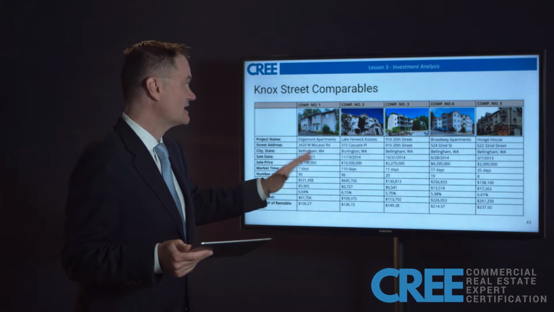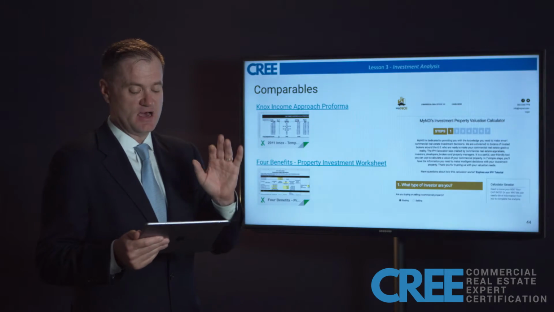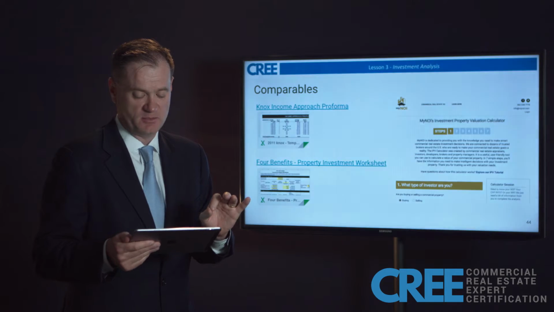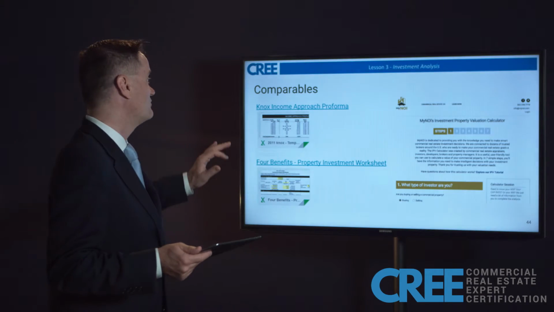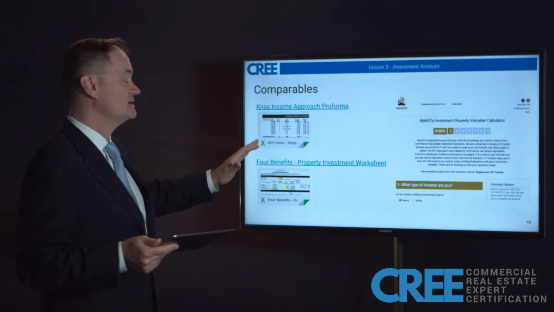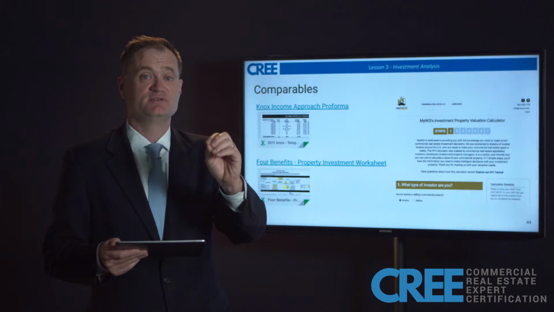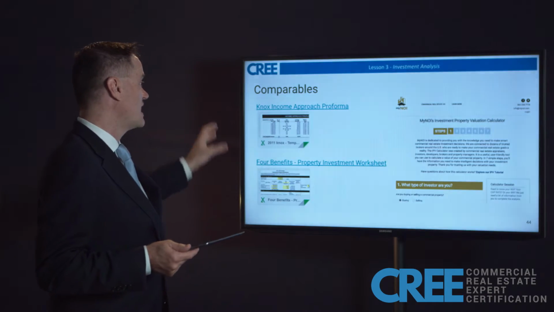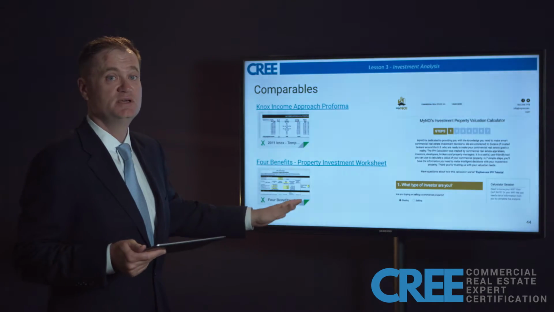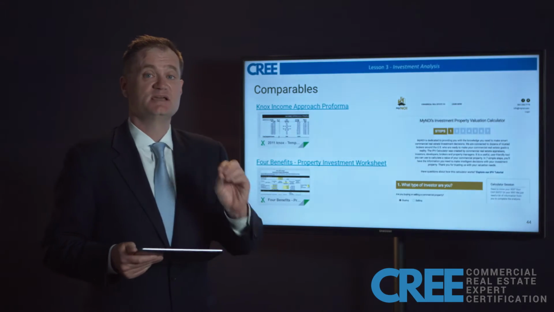Okay, next slide here, we're going to talk more about comparables and a little bit about the resources that you have. I want you to go ahead and, again, stop this if you haven't already, and pause this session and make sure that you've downloaded the Knox Street template, the 4 benefits of real estate template.